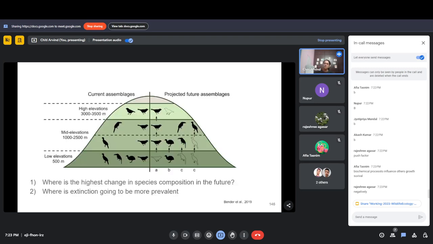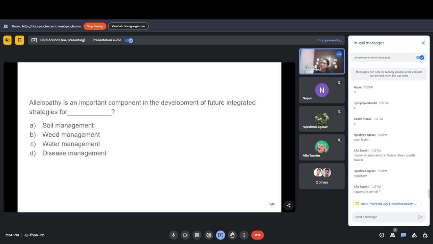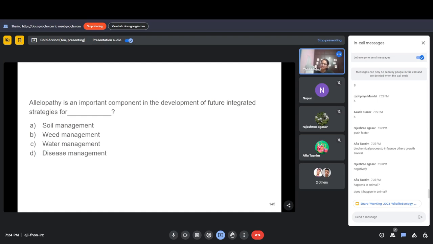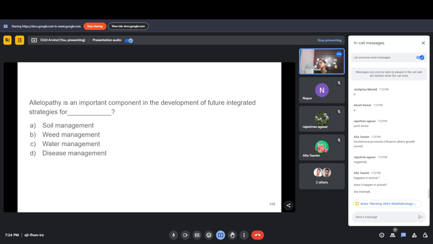All right. So, given alongside is a figure that shows current assemblages in animals. What do you mean by that, Afia? Sorry, I missed that. How does allelopathy work in animals, or are you talking about the weed management? Any example?